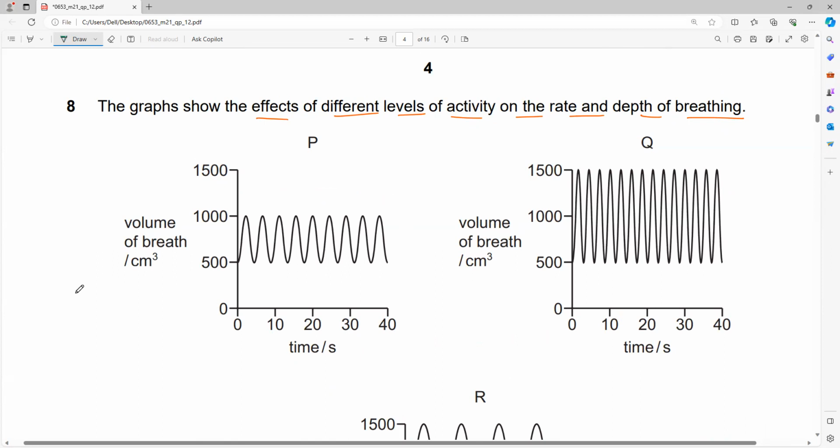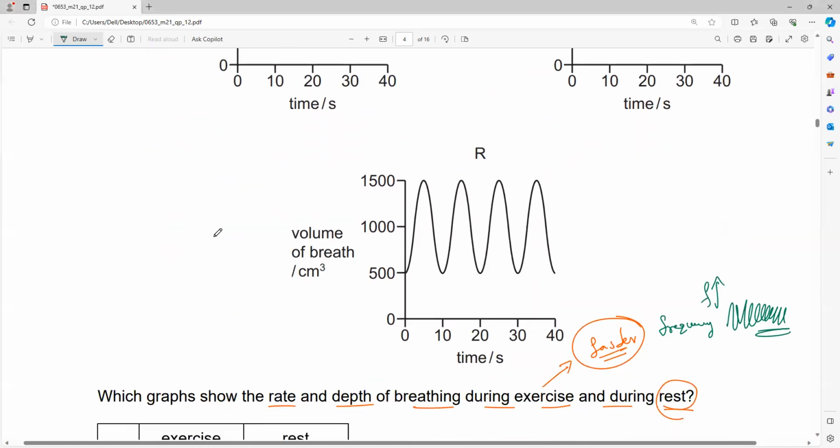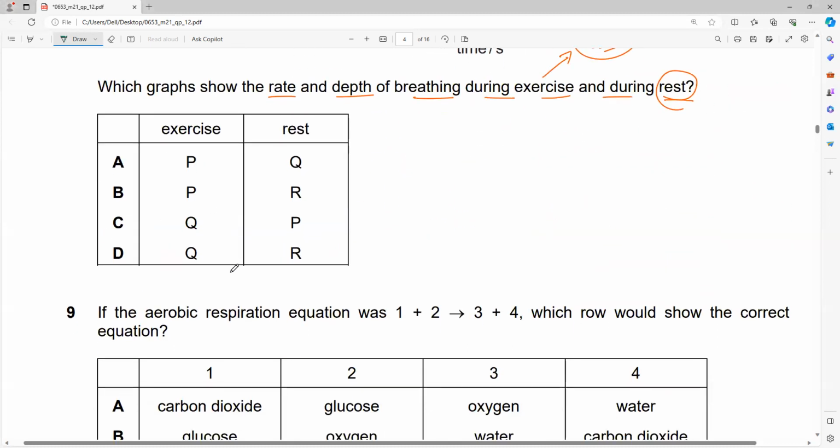During exercise, our breathing rate is high and our breathing volume is also high. Which graph has the greater frequency? Q. So during exercise, Q is the answer.